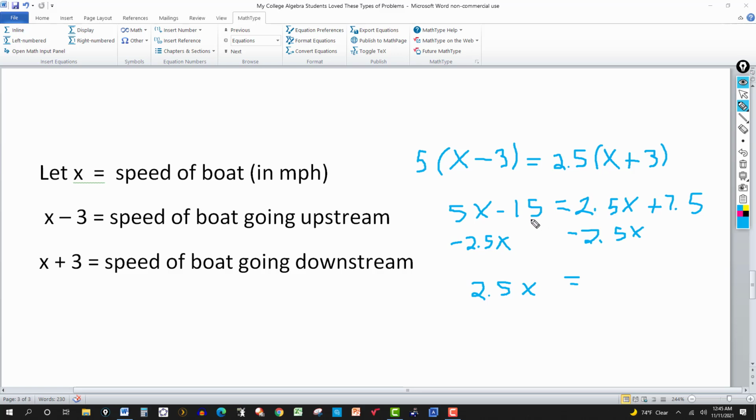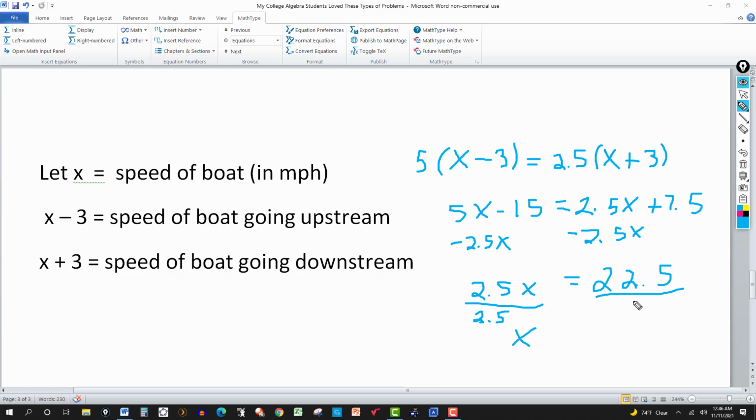Then we're going to add 15 to both sides. I'm going to add 15 on this side and 15 on this side. This is going to cancel this one here. And then the 15 and the 7.5 is going to give me 22.5. Divide both sides by 2.5. So this side divided by 2.5 to isolate the x.